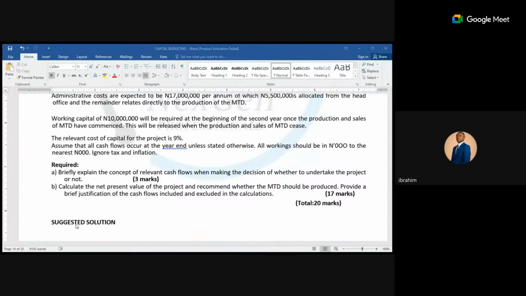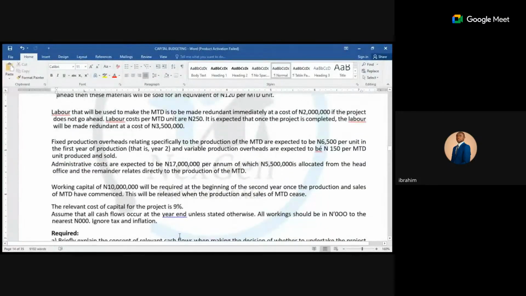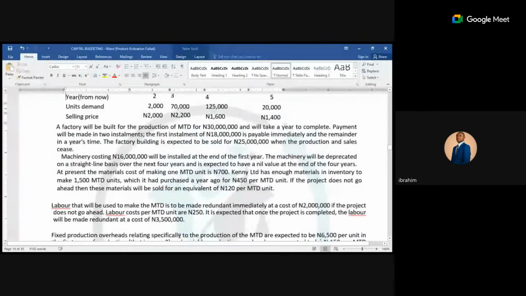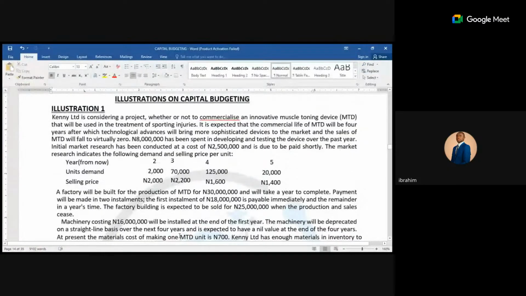The next one is the NPV, right? Okay, please go ahead. You can read. Okay. Penny Limited is considering a project whether or not to commercialize an innovative muscle toning device, MTD, that will be used in the treatment of sporting injuries.